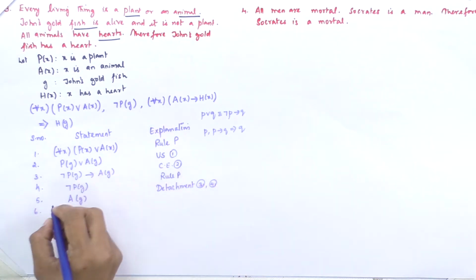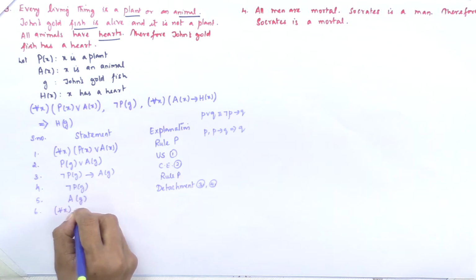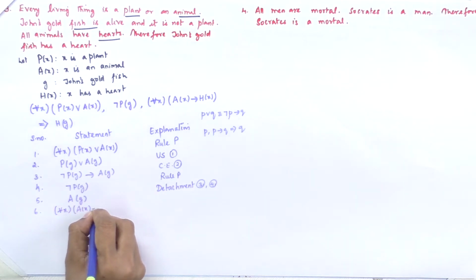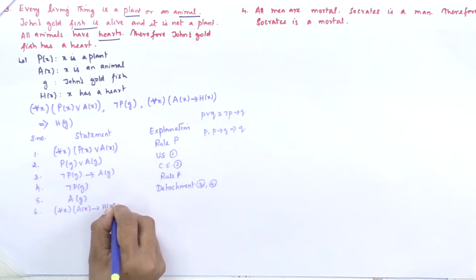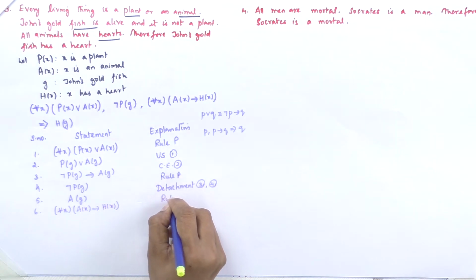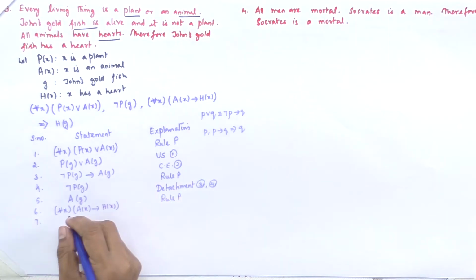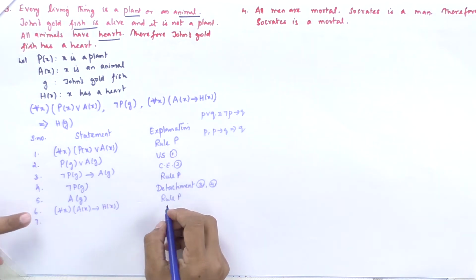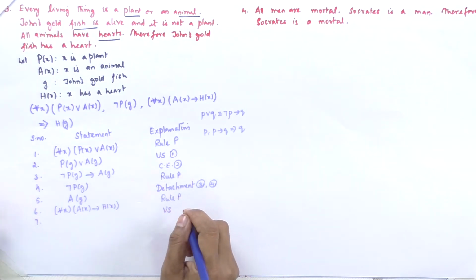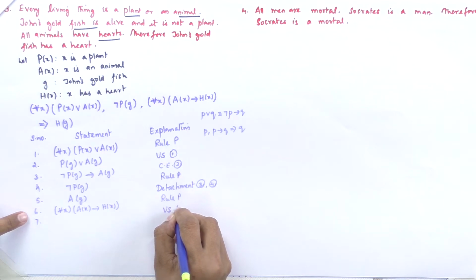And next is for all x, A of x conditional H of x. Here we have rule P. And again I will have to remove this quantification. In order to remove it, we will have to specify it. So that is US on 6.